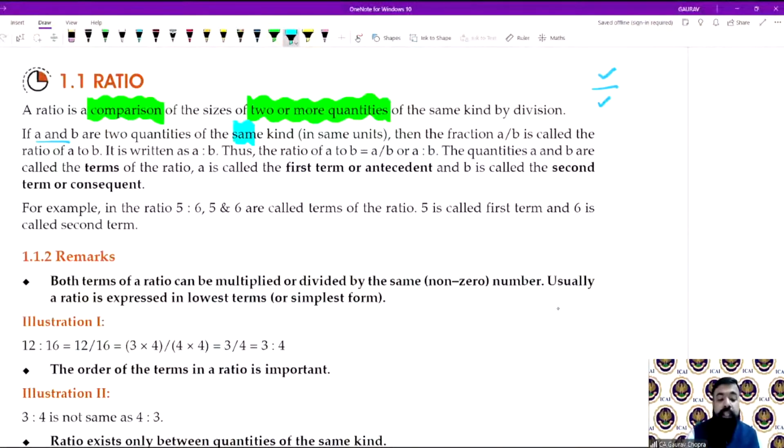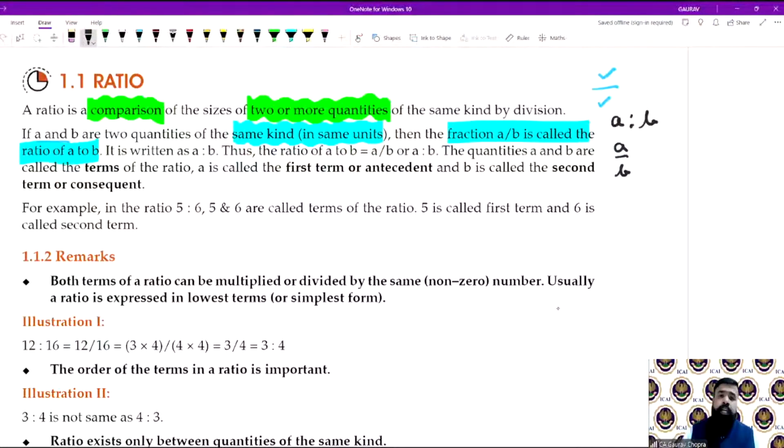Same kind means they must have the same units, like both in grams, kilograms, liters, or milliliters. Then the fraction A by B is called the ratio of A to B. So we are comparing the two commodities, A and B, and we can write them as A by B or in the form of A ratio B.